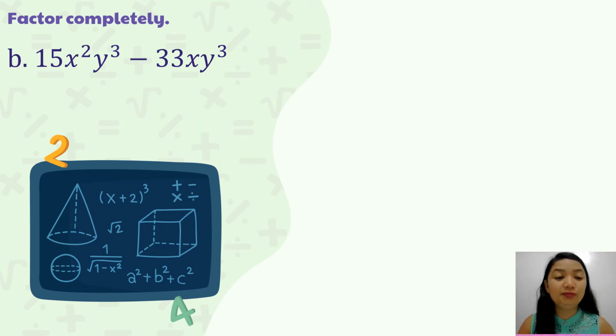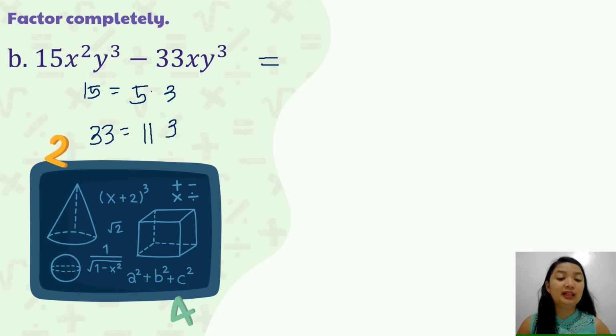Let's have 15x squared y cubed minus 33x y cubed. So what is the common factor between 15 and 33? If you are not sure with the factors, again, you may list down their factors to get the greatest common factor. 15 can be written as 5 times 3, while 33 is 11 times 3.